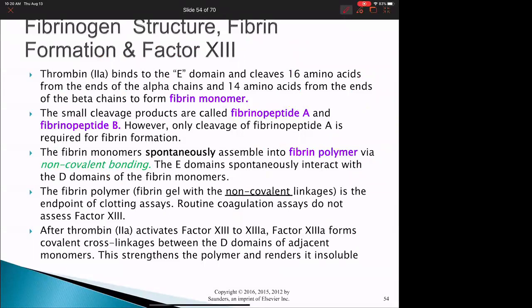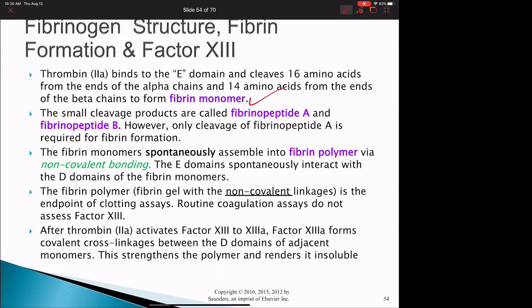I said this before: thrombin, which is activated factor 2A, binds to the E domain and cleaves 16 amino acids from the ends of the alpha chains and 14 amino acids from the ends of the beta chains, and it forms a fibrin polymer.